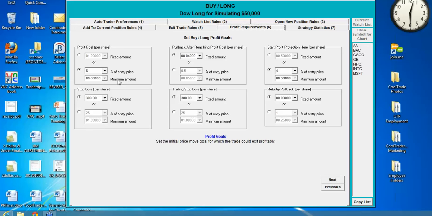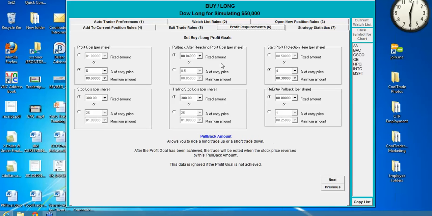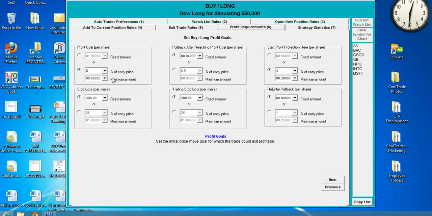So if it reaches the profit goal, then what happens is it doesn't just close it out immediately. It defaults over to the next box, which is the pullback after reaching profit goal. So this particular feature, what this means is, let's say that we made 60 cents on a stock. On 100 shares, that would be 60 bucks.